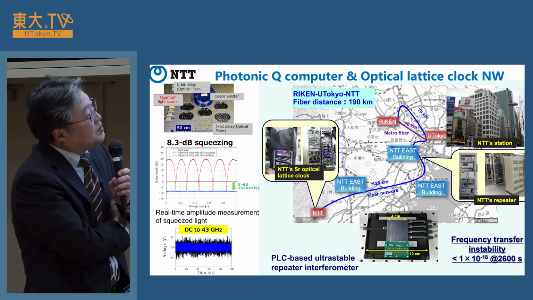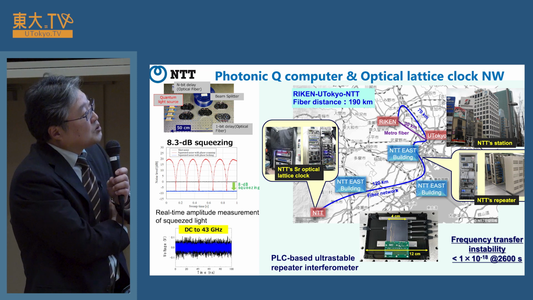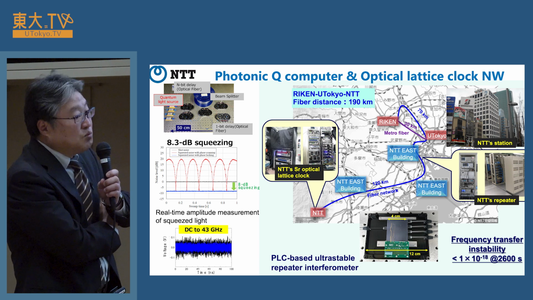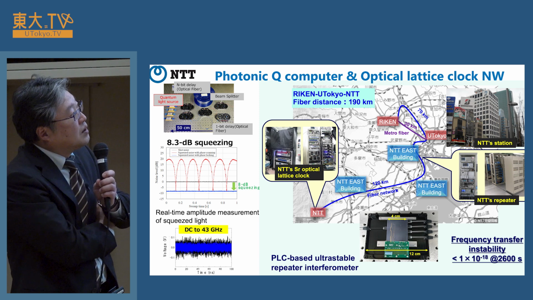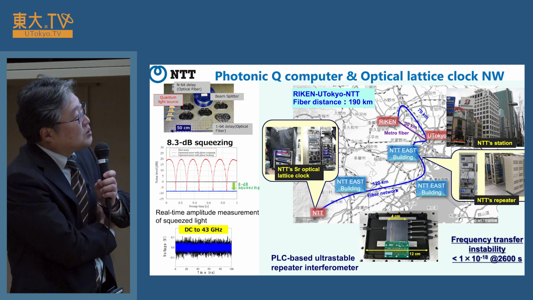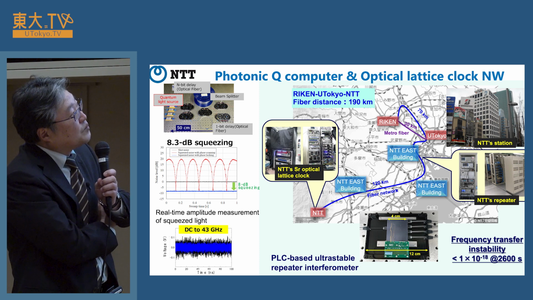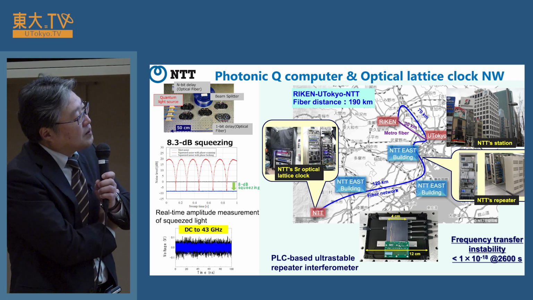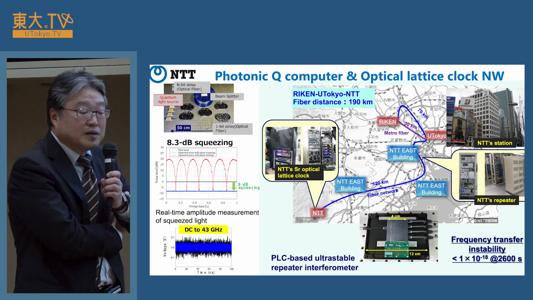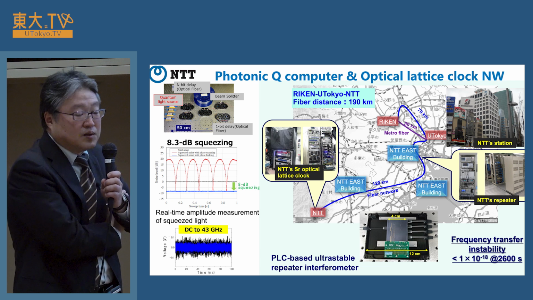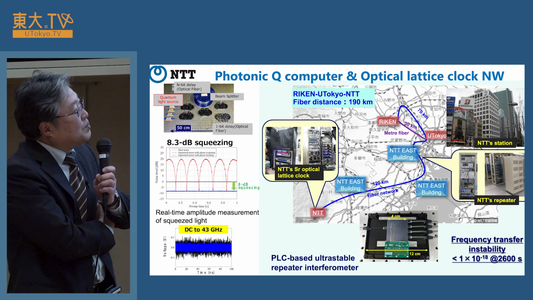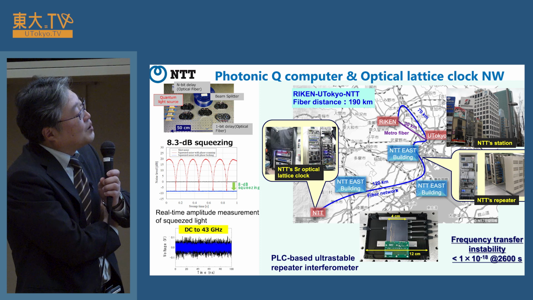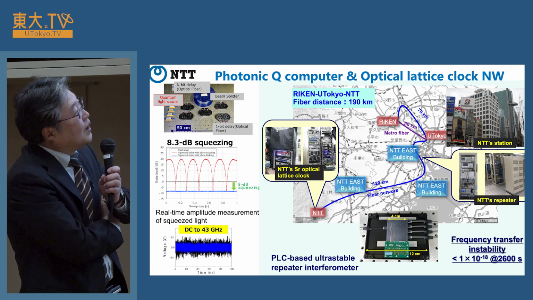NTT contributed the development of a repeater system installed in telecom station. This repeater removed the frequency noise caused by the vibration of fiber and reproduce a very fine frequency signals. We observed frequency instability is less than 1.1 times 10 to the minus 18th, even in the noisy downtown area. So we believe ION will provide a new network service which deliver ultra-precise frequency and time standard.